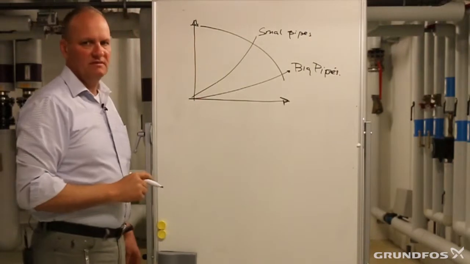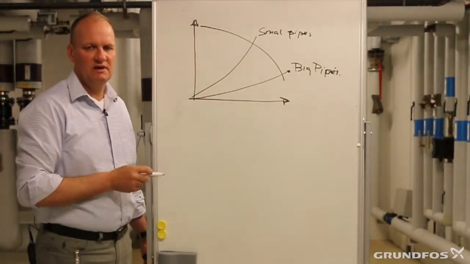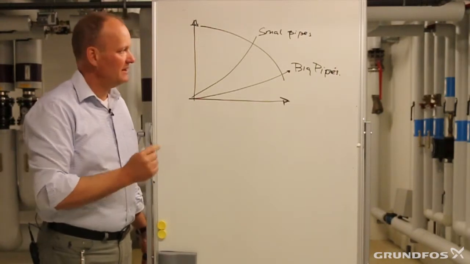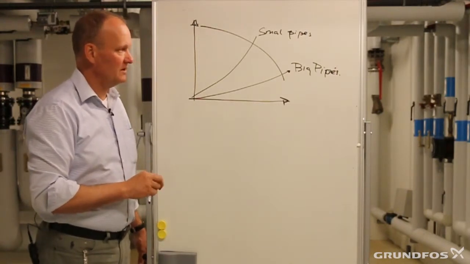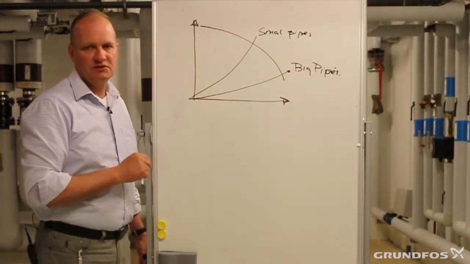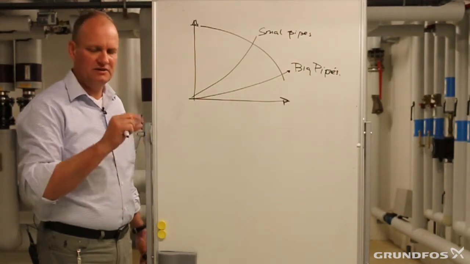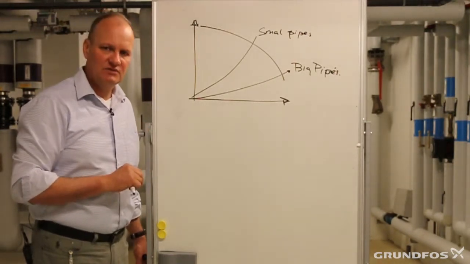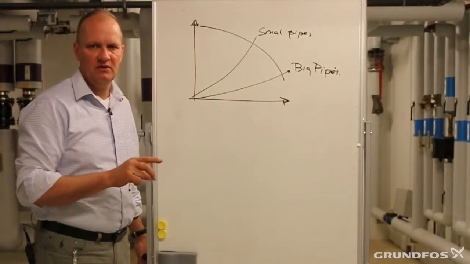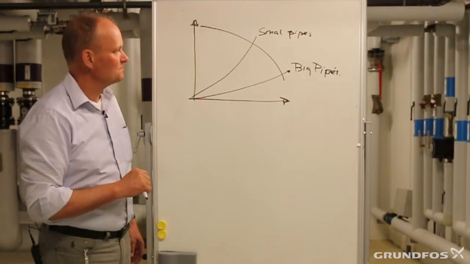But actually, there's another thing different than the pipe size, which will influence the related pressure loss in the system, and which eventually will give us the system characteristic. As you can see in an application like this, there's a number of different dynamic valves which are opening and closing depending on the actual need in the system and in the building.